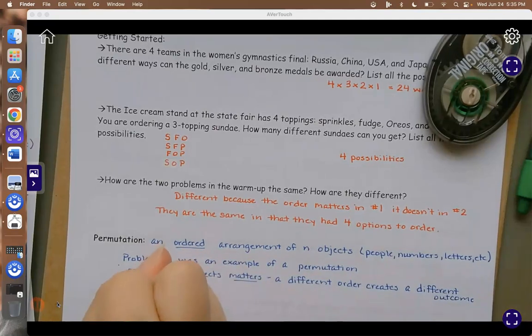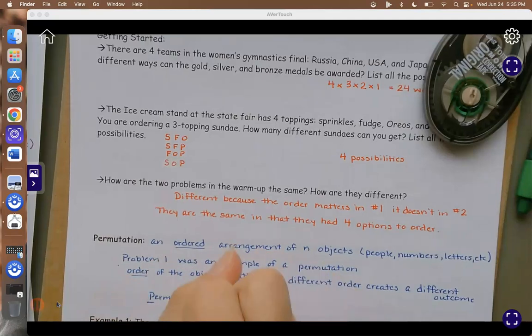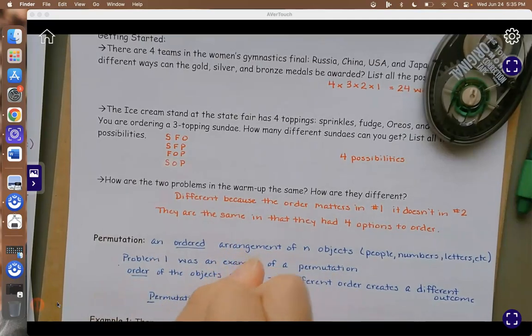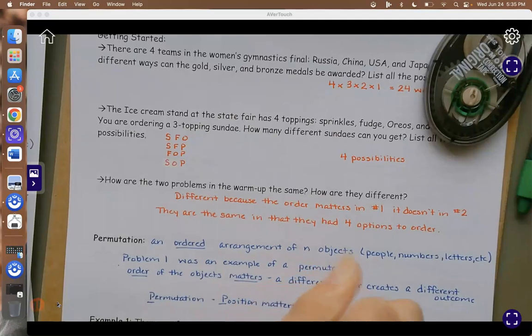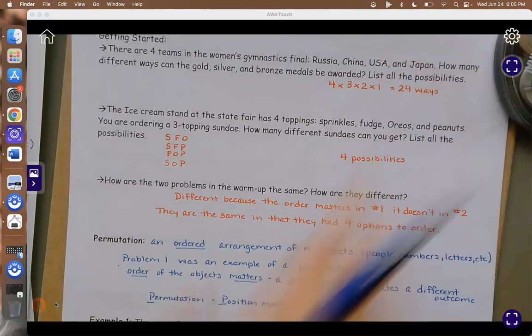And a way to remember this is permutation: position matters. All right, so if the order in which you put something matters, then it's a permutation. All right, so example 1.